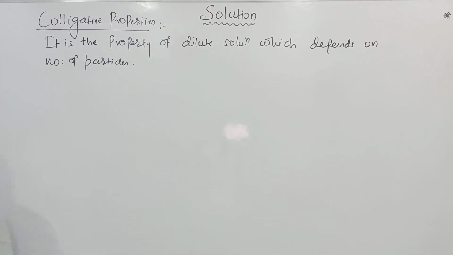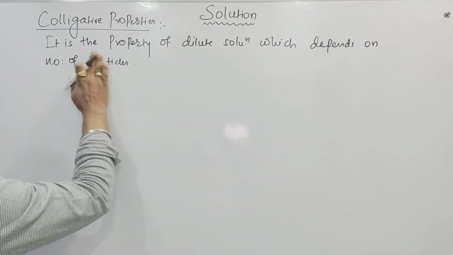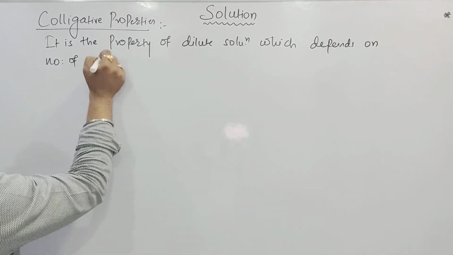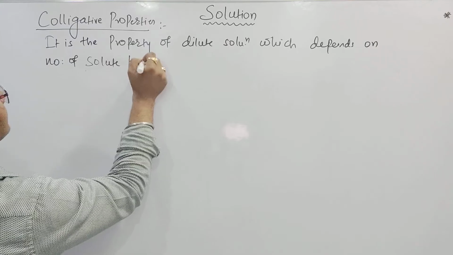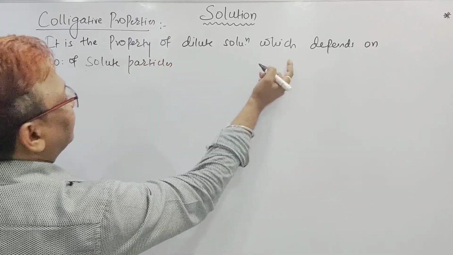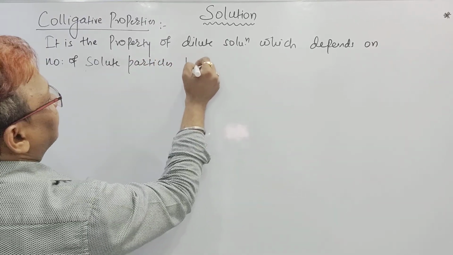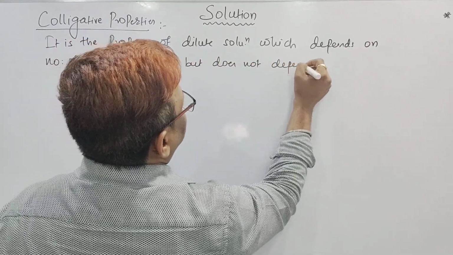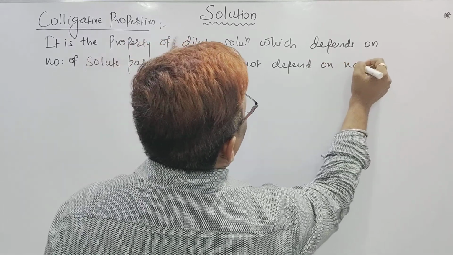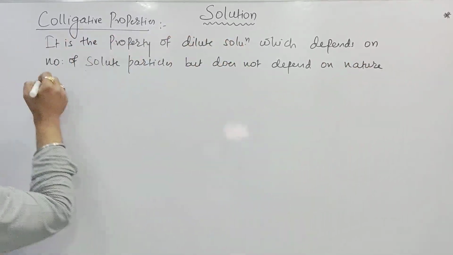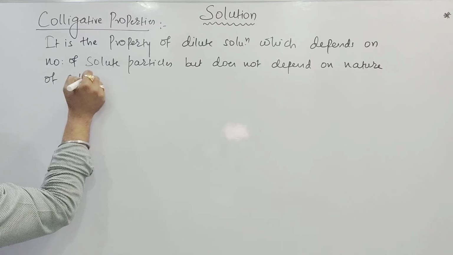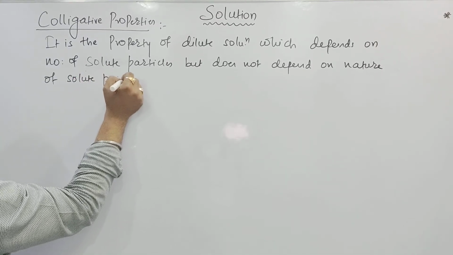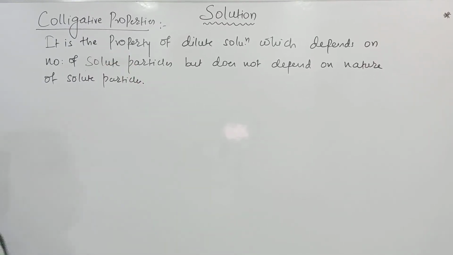So it depends on what? Number of particles, and does not depend upon the nature of the particles. So we should say it is a property of dilute solution which depends on the number of solute particles but does not depend on the nature of the solute particles. That is a colligative property.